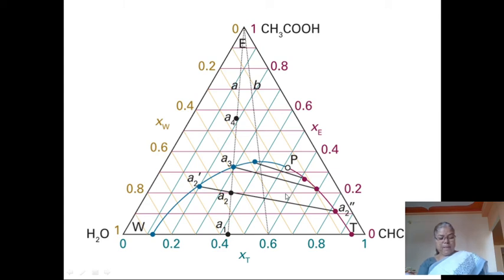And this P point is also called the plait point. With the help of this equilateral triangle, you can study the three component system. Okay, the next explanation we will see later on.